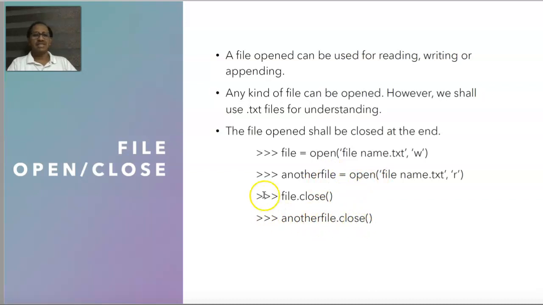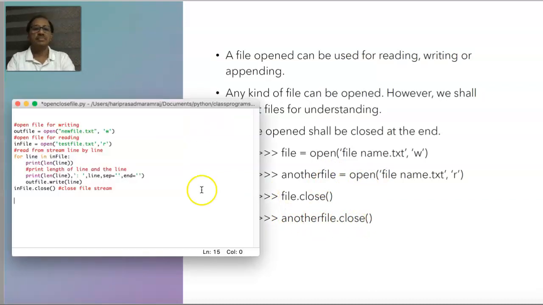Let's see how this works. So here is the program. The first one is outfile, a variable to which we have assigned a file called newfile.txt. We are opening it as a new file for writing.